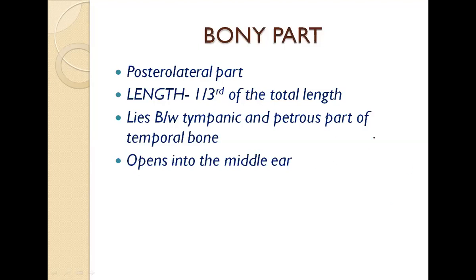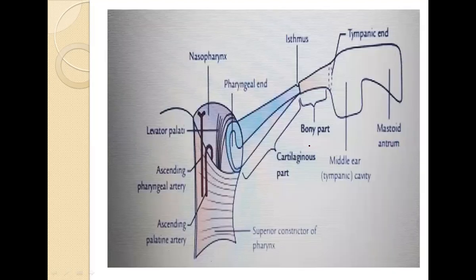We already know that the bony part is the posterolateral part of the auditory tube, and it is 1/3 the length of the entire auditory tube. It lies between the tympanic and petrous parts of the temporal bone. Consider this to be the bony part, right?